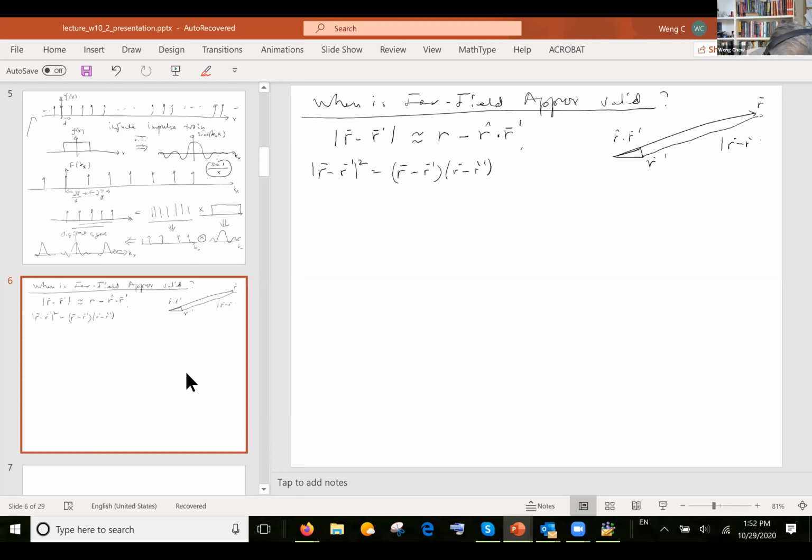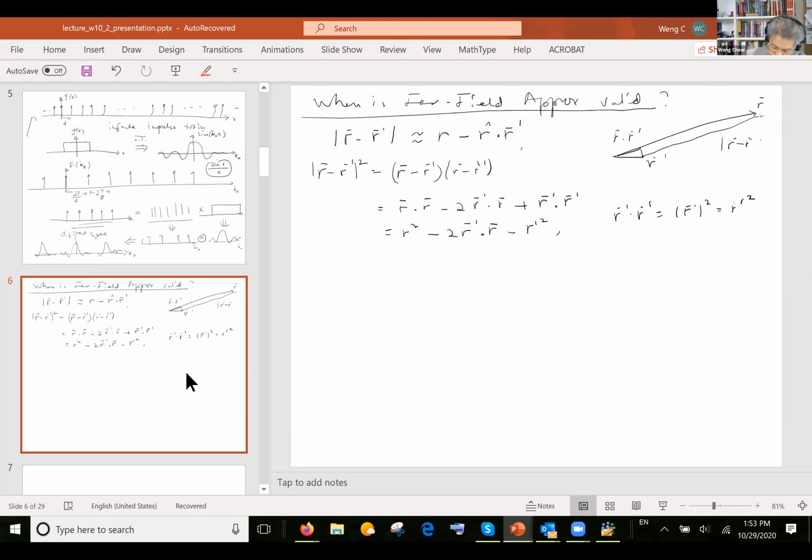If I expand this out, I would get r dot r minus 2r prime dot r plus r prime squared. r dot r is just r squared, then I will have 2r prime dot r, and the last one would be r prime dot r prime, which is just r prime squared.